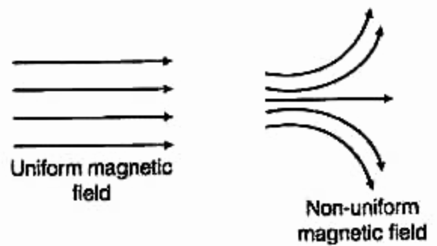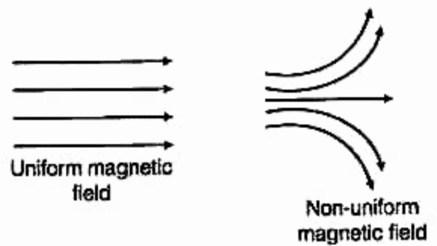Non-uniform magnetic field lines, as shown in the figure, represent a clear difference between a uniform and a non-uniform magnetic field. A non-uniform magnetic field is a space or region in which the magnetic field has different strength at different points, which means the magnitude and the direction of the magnetic field vary at different points in the region.